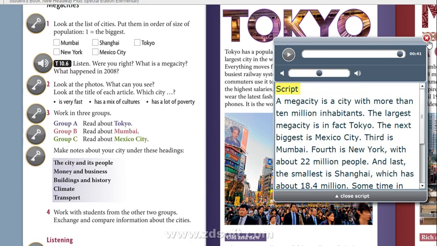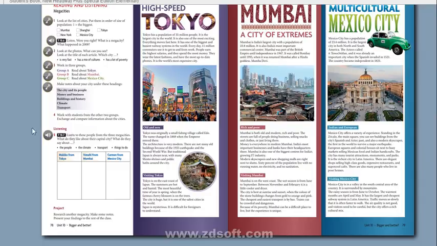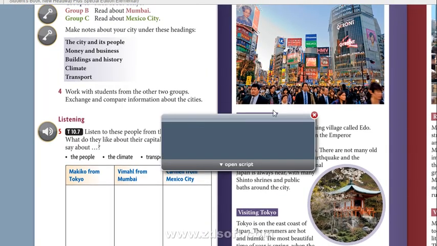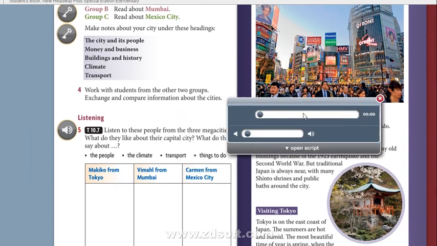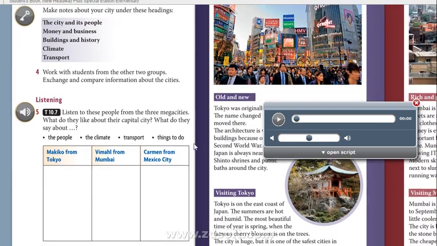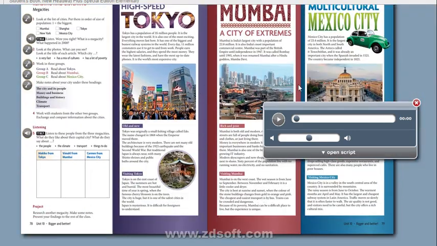Okay, there is one more listening in this reading text in page number 78, tape script 10.7. This listening is actually a big one, for all the text. Text 1 about Tokyo, Mumbai, and Mexico City.